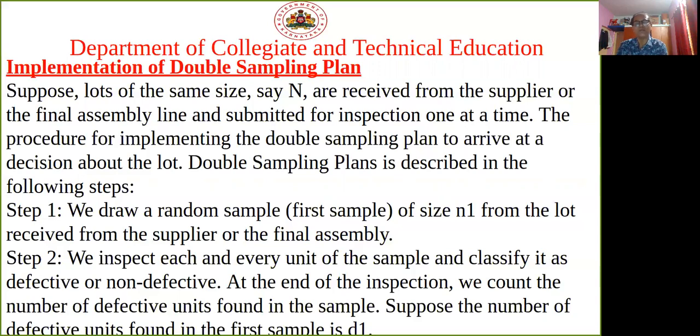So the first step is we have to choose randomly the first sample, that is N1, from the lot supplied for the final assembly or supplied by the supplier. Then the second step: we inspect each and every unit of the sample and classify it as defective or non-defective.